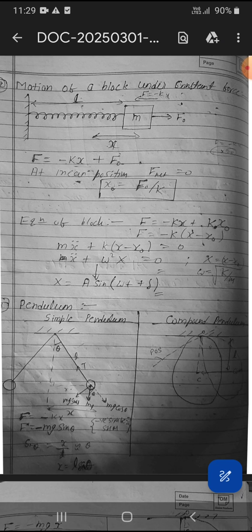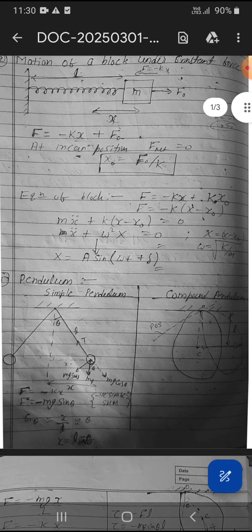However, here we have come to know that if constant force acts, then the mean position is F naught by k. And the question for you all is, where would the mean position lie if no constant force acts on the body?